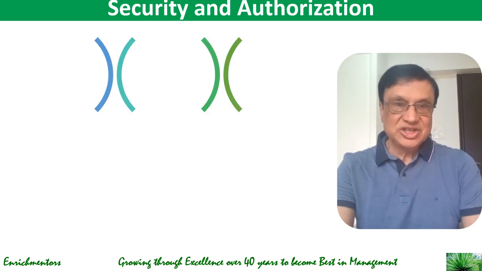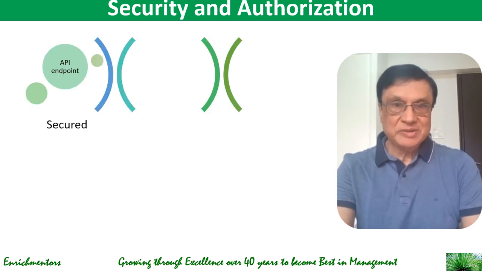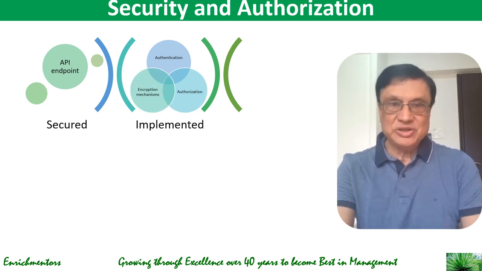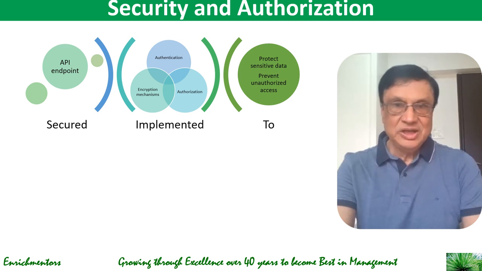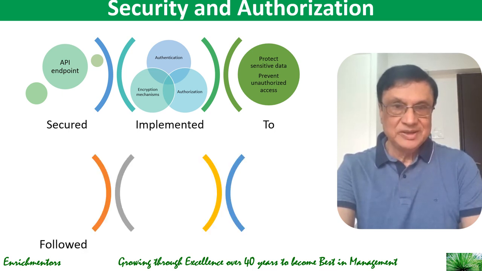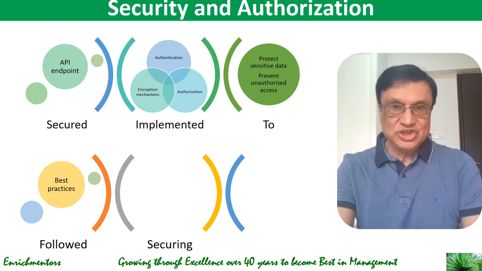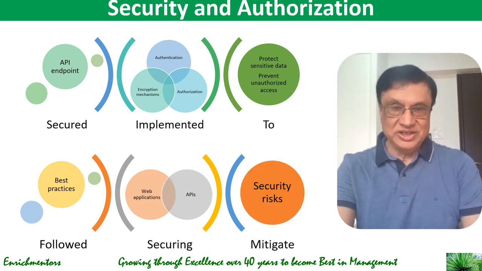While doing all that, they secured the API endpoints by implementing authentication, authorization, and encryption mechanisms, with which they could protect sensitive data and prevent unauthorized access to the program. They followed best practices for securing web applications and APIs to mitigate security risks. So that's how they took care of security and authorization.